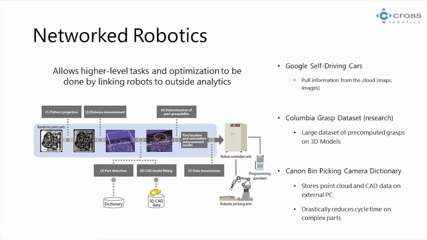Okay, I found the entry in the database, do this. So it's a way to go through a bunch of different variations of grasping a part, but you're not doing the computation on board the robot. You're doing all that offsite remotely and just telling the robot, move this way. Something similar to the Canon bin picking dictionary option, where you guys earlier talked about bin picking.